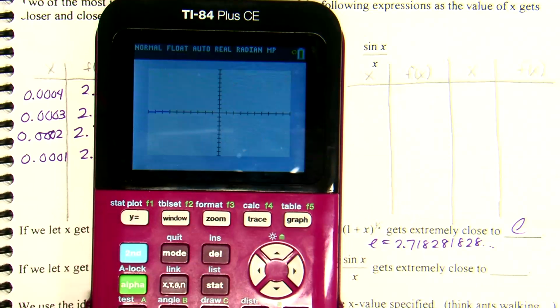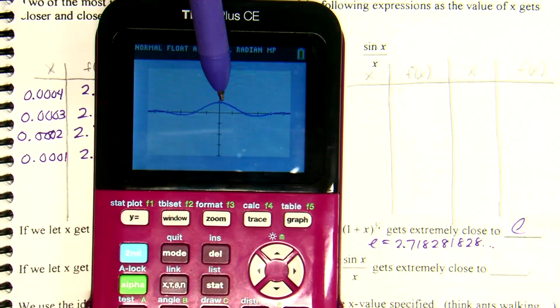Now, does this support our theory? As x is approaching 0 from the right and the left, what y value is it getting closer to? 1. So that supports the theory that we had in the table, didn't it? Okay. So I'm going to write down information.